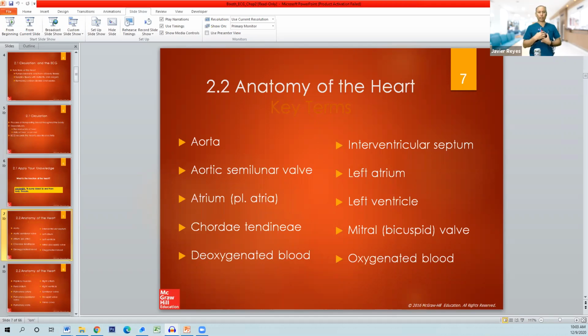Now, the heart itself is composed of three different layers. We have the inside of the heart, the endocardium, and then you have your myocardium, which is the actual muscle, the one that does all the contraction, and that muscle is covered by an outer layer called the epicardium.